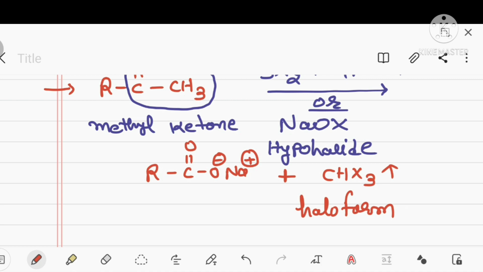So that compound gives the haloform test, but we cannot identify it due to the colorless product.